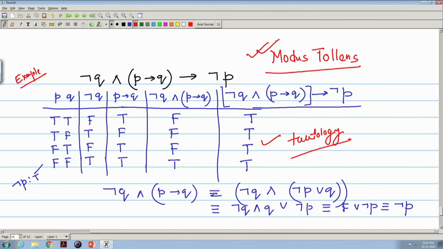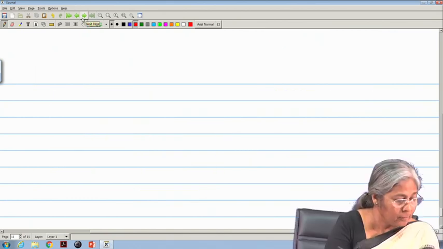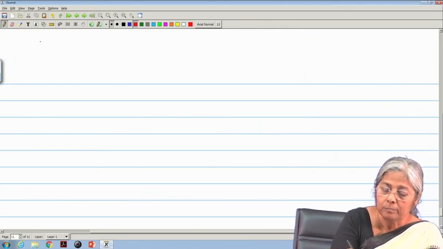So, the combination of a propositional equivalence along with a set of laws of logic, we frame some laws of inference, which will be checking the validity of some implication, or whether the implication is a tautology or not. Now, we enlist these rules. How many such rules are there? So, we take the rules of inference.